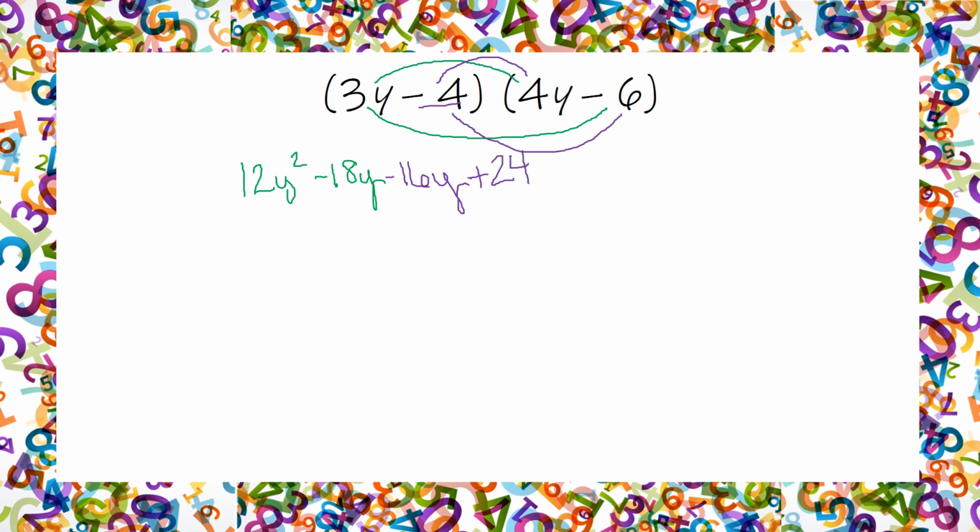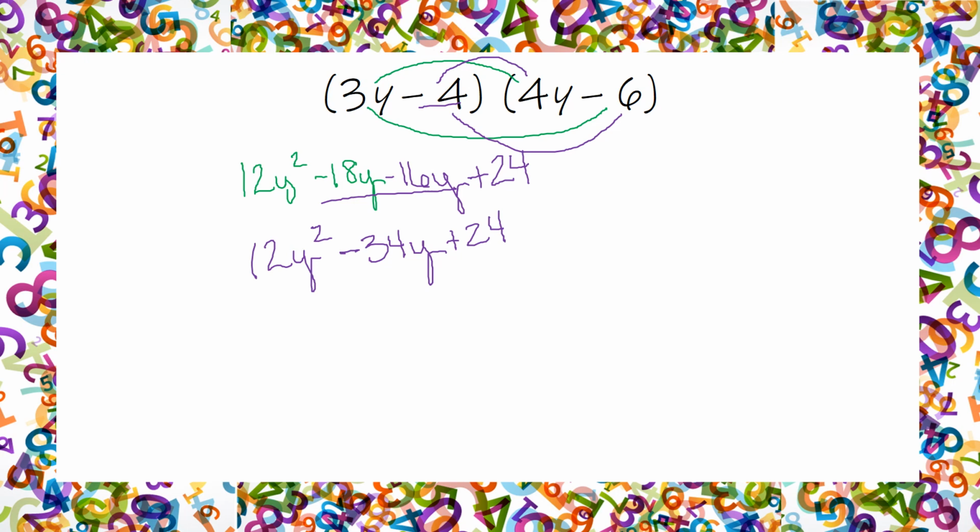Now I've got negative 18 and negative 16 that I can combine like terms because they are both attached to just a y. So negative 18 and negative 16 add together to give me negative 34. And then I bring down the 12y squared and 24.